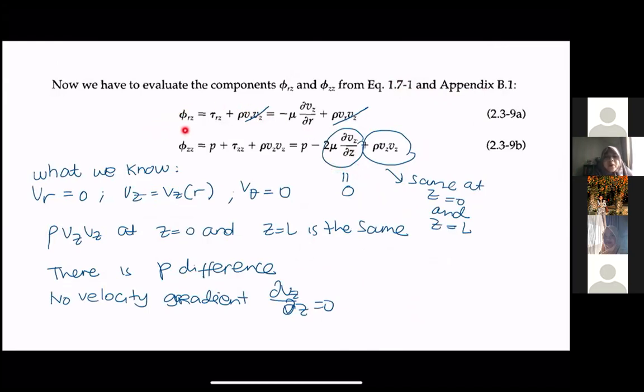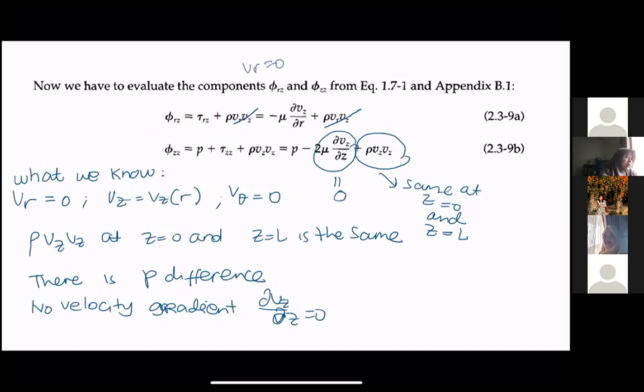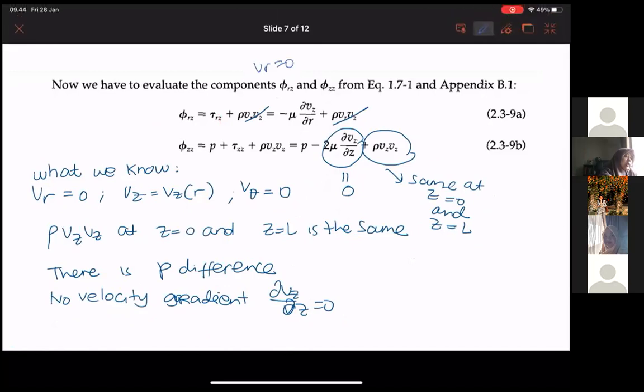So first, for the tau RZ, again, it is based on the contribution of the shear stress. We don't have the pressure because I is not equal to J. Okay, remember? And then rho phi R phi Z. But remember the phi R is equal to 0, so you know that we can eliminate rho phi R phi Z, and you can also eliminate this one.